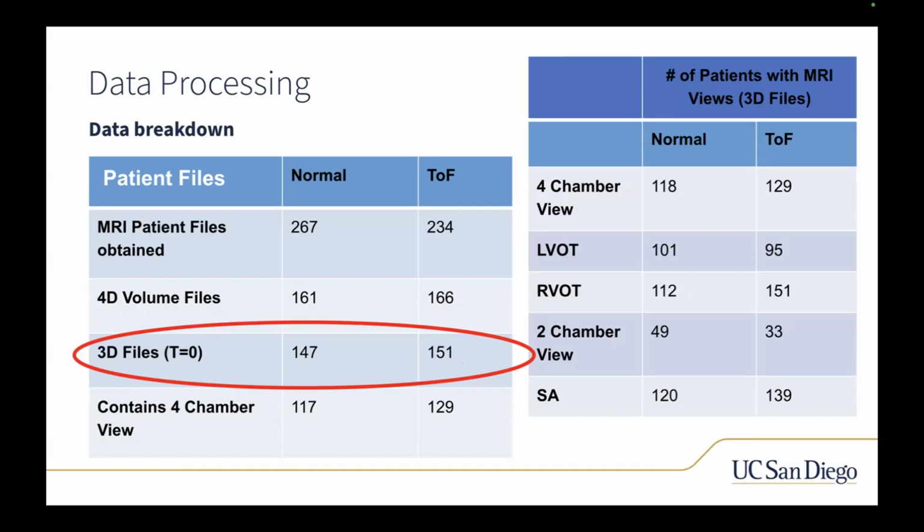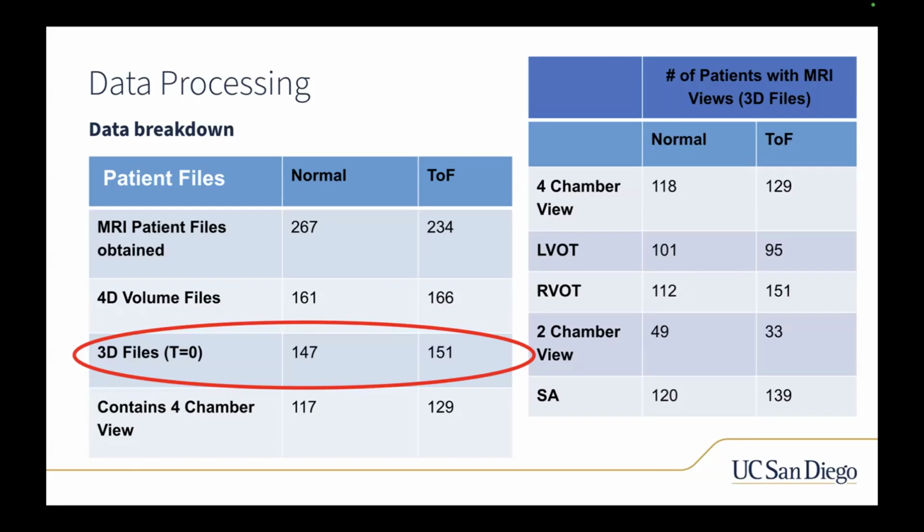Not all of them contained the specific view we were looking at, which was the four-chamber view. We chose this view because it shows the majority of the structural changes in CHD: the ventricular septal defect, the overriding aorta, the pulmonary stenosis, and the right ventricular hypertrophy.